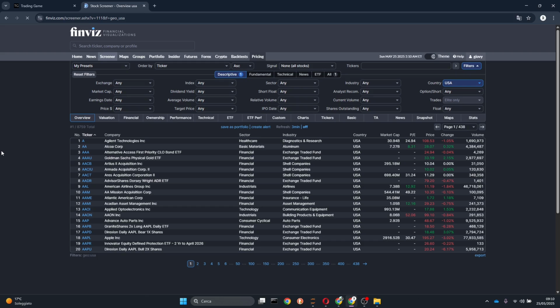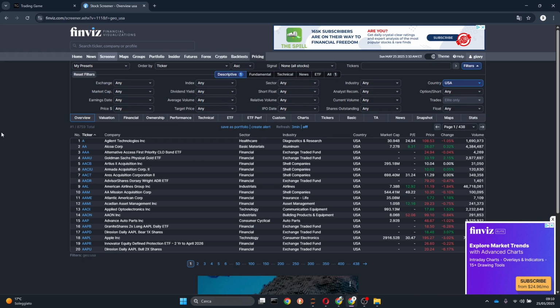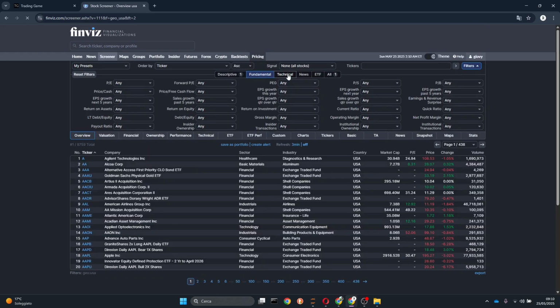So this is a tab I don't use personally. More interesting tabs are for sure market capitalization, relative volume, short float if you are a short squeeze trader. But I usually focus on fundamental and technical.